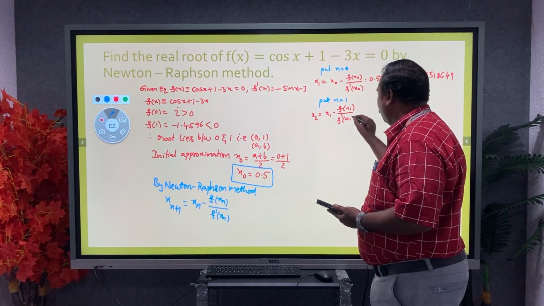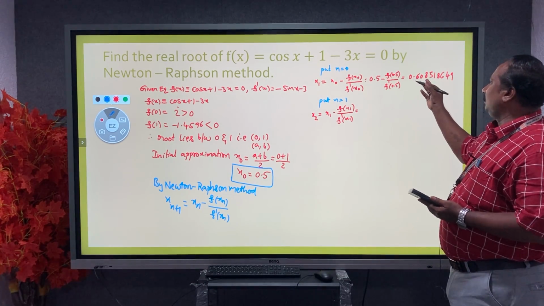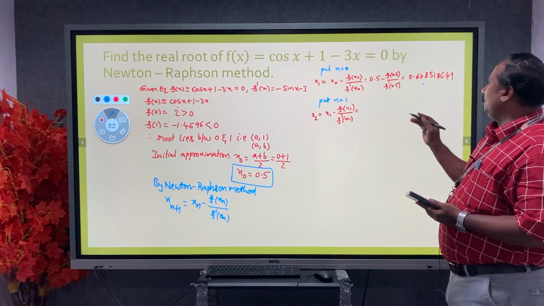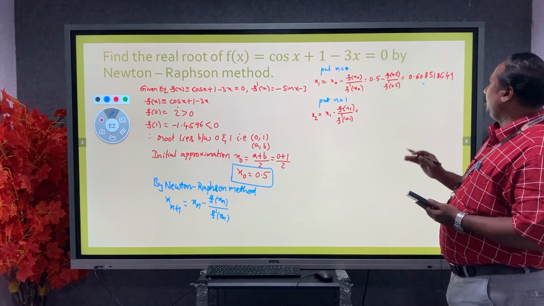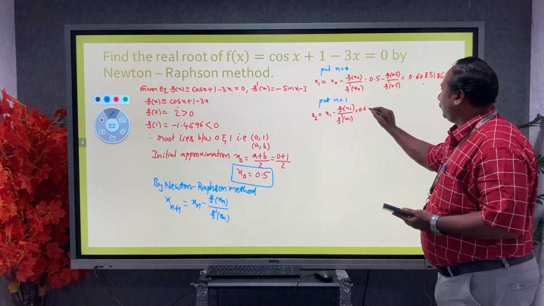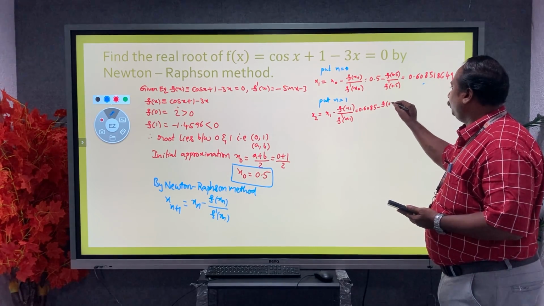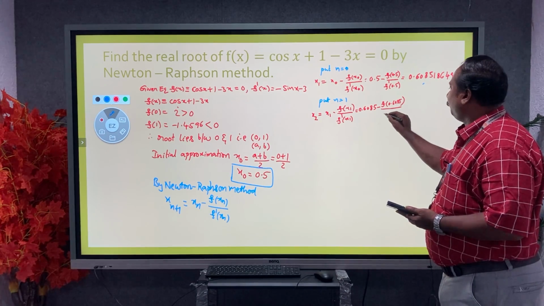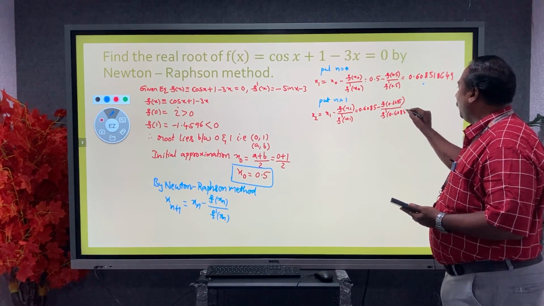Okay, then what is x1? Already we know the x1 value, 0.608518649, but we have to take only 4 values up to 4 decimal places, 0.6085. Then x2 equals 0.6085 minus f of 0.6085 by f dash of 0.6085.